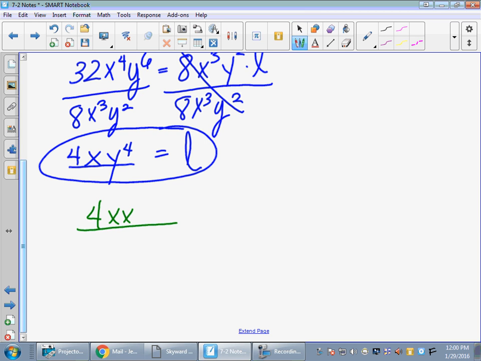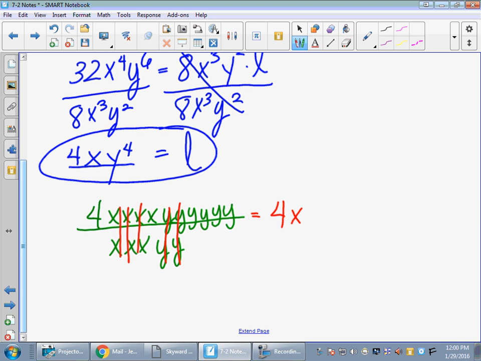I have 4 x's on top, 6 y's on top, and then I have 3 x's on the bottom, 2 y's on the bottom. The 2 y's cancel. 3 of the 4 x's cancel. And so what you're left with is a 4x with y to the fourth. There's 4 y's left over, there's an x, and there's a 4.